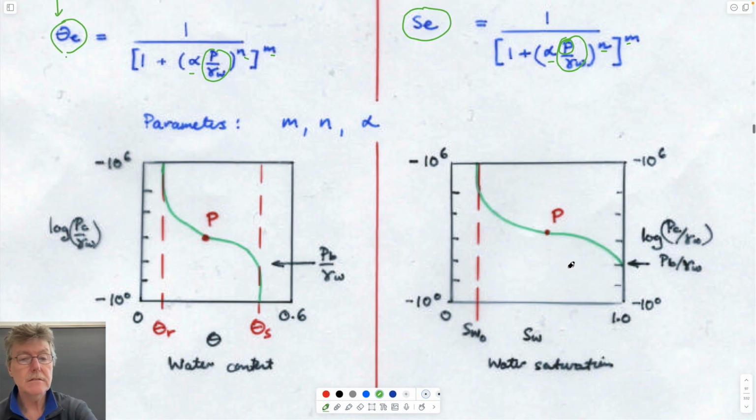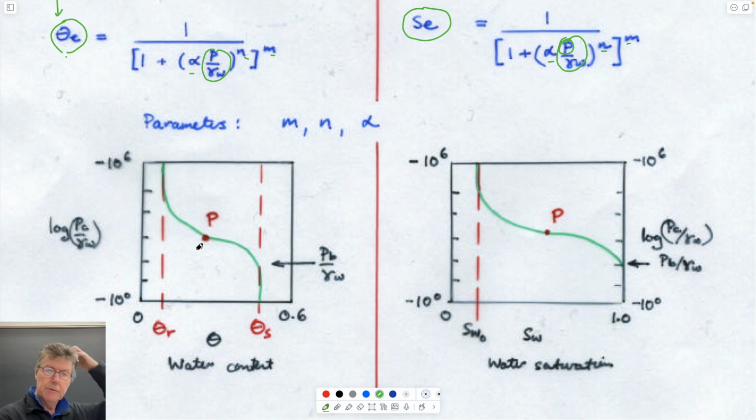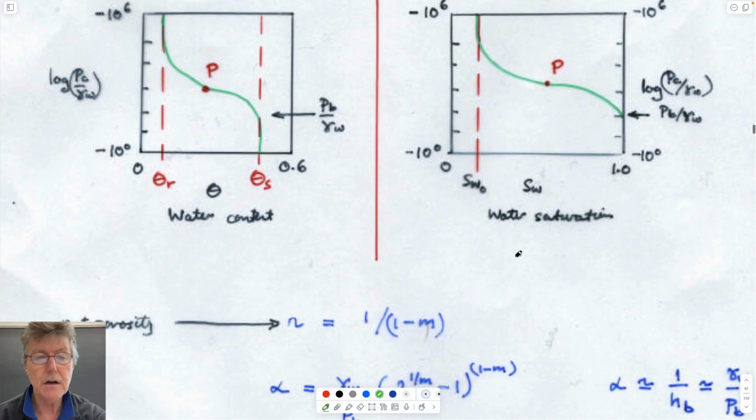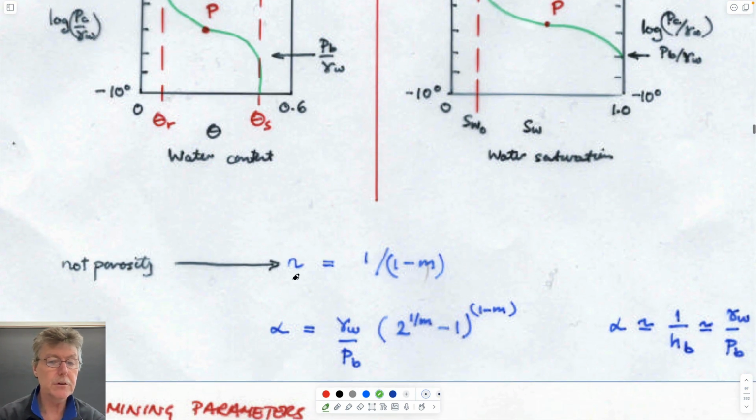And so it's just another way of being able to represent these curves in closed form. This actually has some utility because we can take these curve fitting parameters and use those to fit to relative permeability magnitudes as well, which we think are related to these curves because they sit underneath them in terms of relative permeabilities. And so these curves are just some curve fitting curves. We'll go through a very quick example.